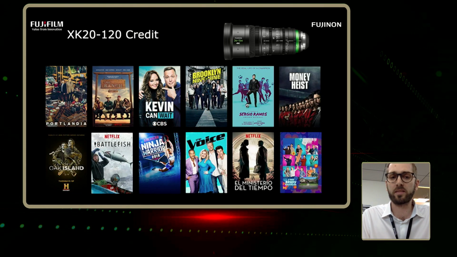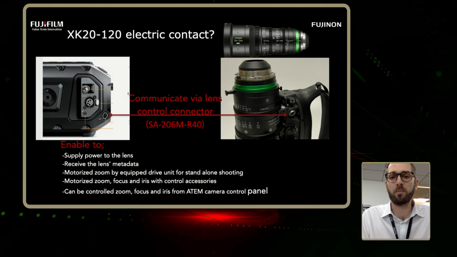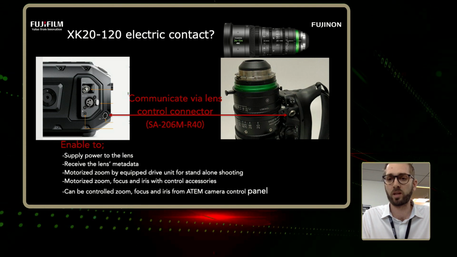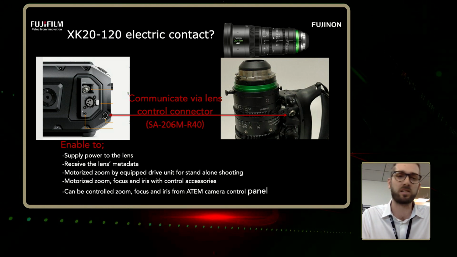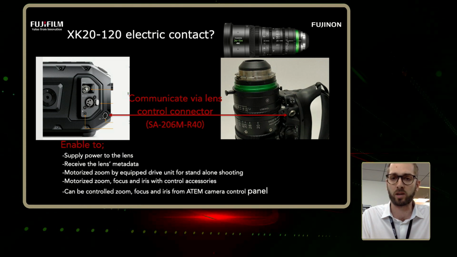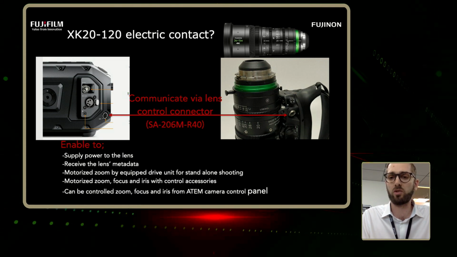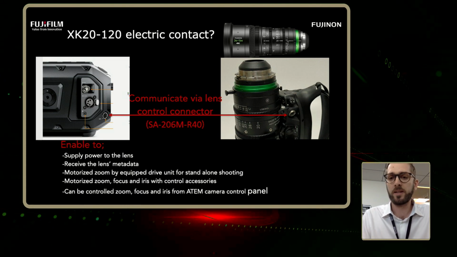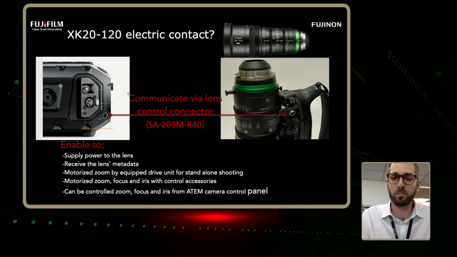It also passes lens metadata, and it gives you servo control, just like you would with an ENG lens. So with the LA16 and the other lenses we were talking about earlier on the broadcast side, which allow you to use a servo kit, like a control kit at the back of the tripod, that works with this lens as well.